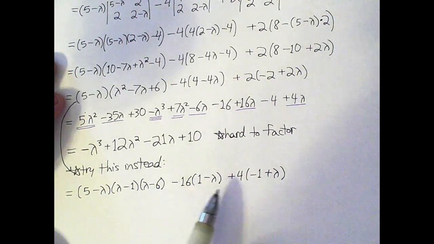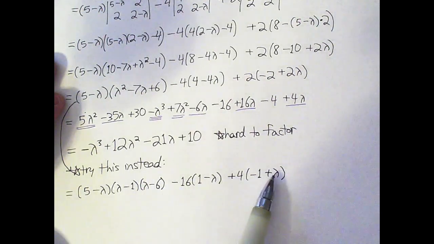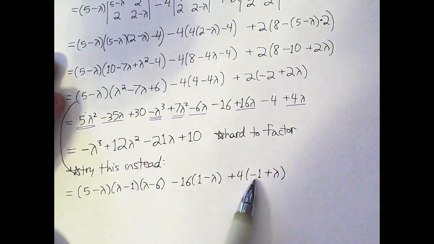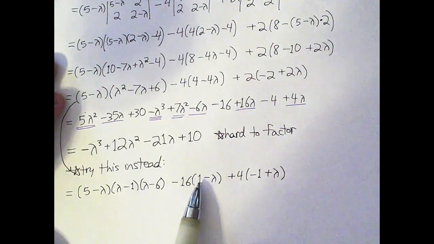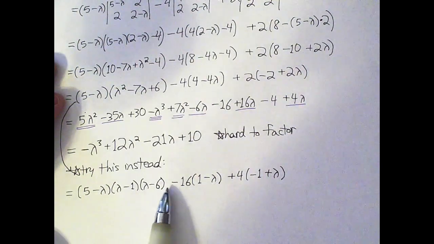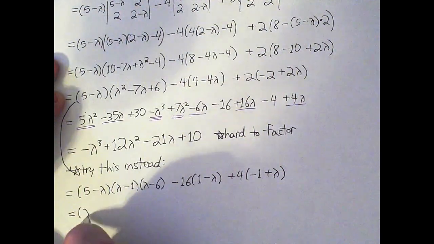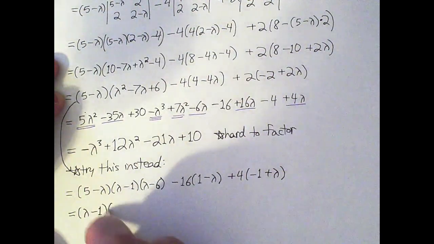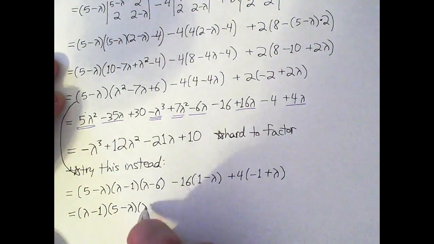All three of these terms sort of have something in common. There's this lambda minus 1. Right here, this is a lambda minus 1. So this has a lambda minus 1. This has a lambda minus 1. This has a 1 minus lambda, but then there's a minus out front. So here's what we can do. We can say that this equals lambda minus 1, 5 minus lambda, lambda minus 6.